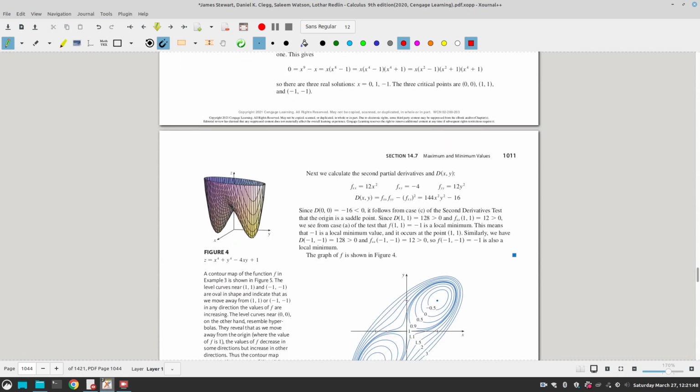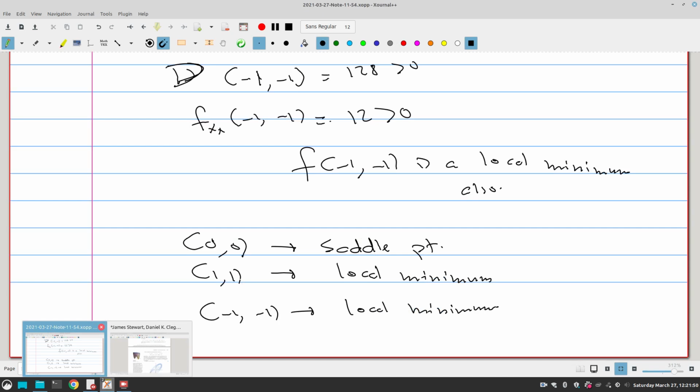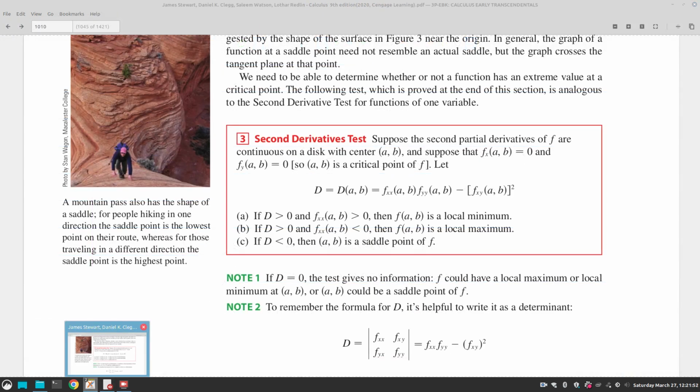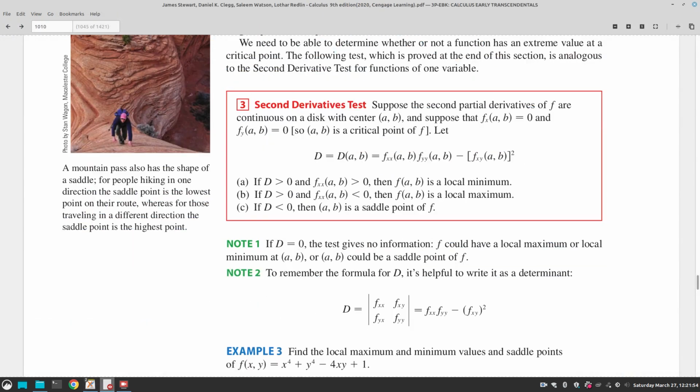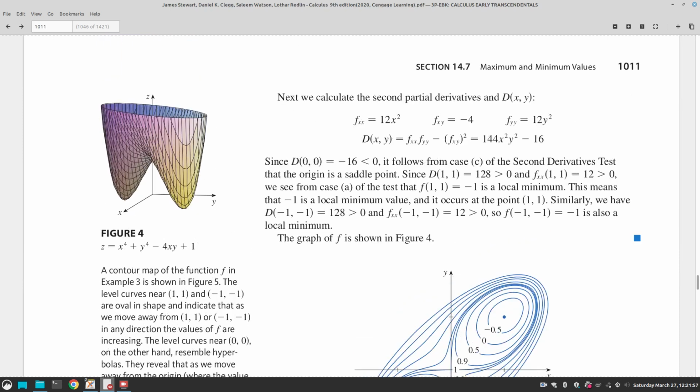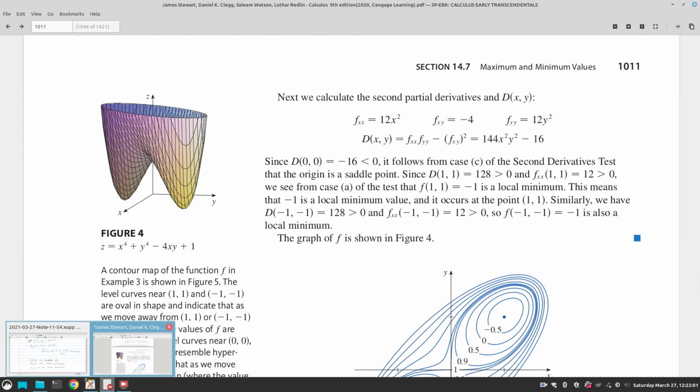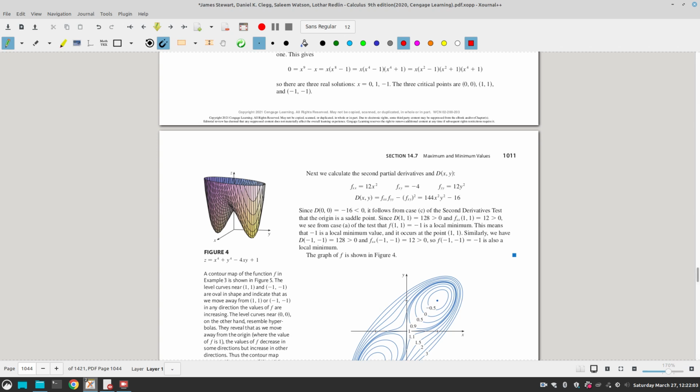Okay, just give me a moment. Let's look at the plot of this function. This point is (1, 1). This point is (-1, -1).